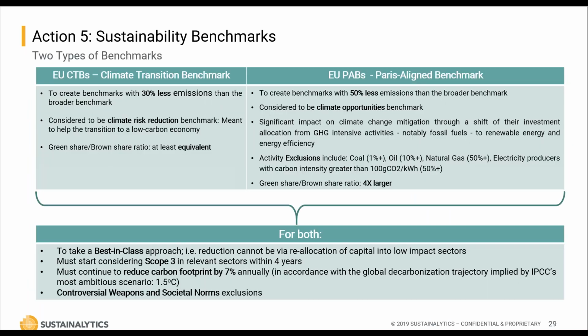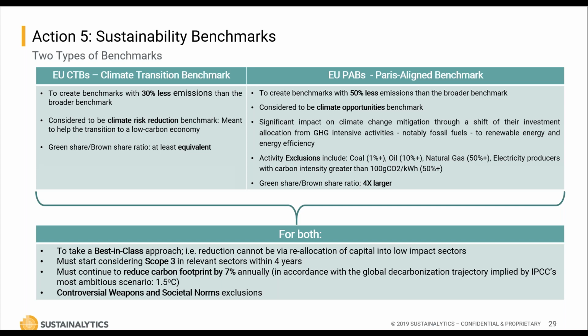Diving into each of these in a little bit more detail. The two climate benchmarks called for are the EU Climate Transition Benchmark, or the EU CTB, which is meant to help the transition to a low carbon economy, and the EU Paris Aligned Benchmark, the EU PAB, which is considered to be a climate opportunities benchmark.